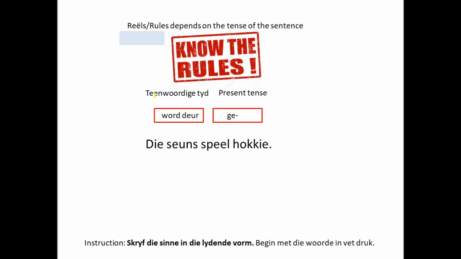The rules for a sentence that is written in present tense is like this. Whenever you see a sentence or identify a sentence to be in present tense, or teenwoordige tyd, you will use these words: word deur en ge.